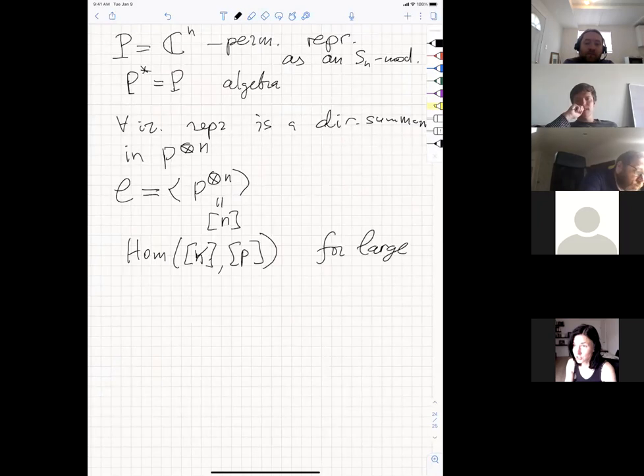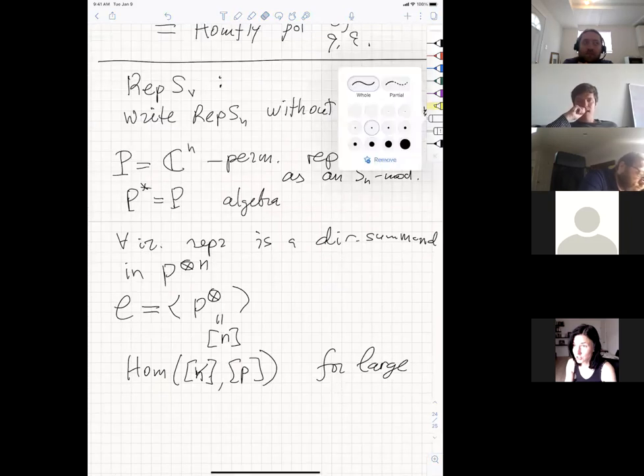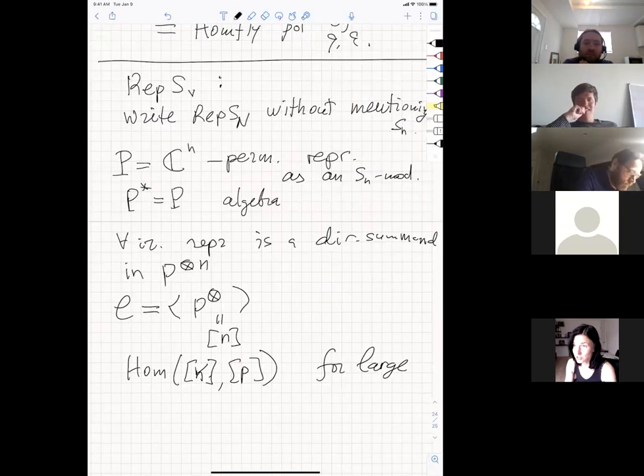Actually, I shouldn't use n because n is my symmetric group. Probably I should use capital N for the symmetric group because physicists always denote a large integer by capital N.